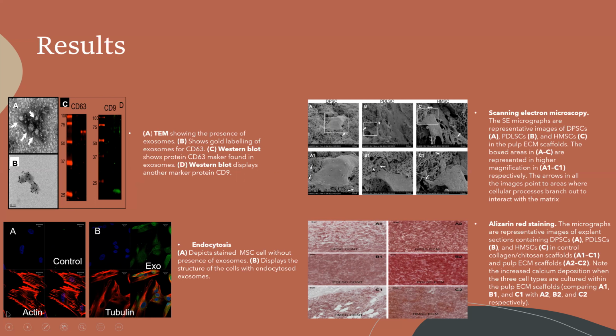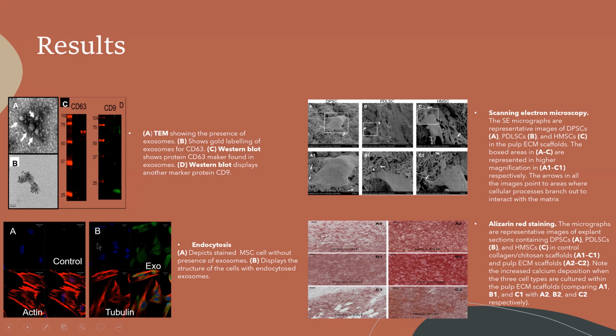Figures C and D are proteins from the exosomes of dental pulp stem cells, which were subjected to SDS-PAGE and immunoblotting for the marker proteins CD63 and CD9. Representative immunoblots are presented to show the presence of both marker proteins.